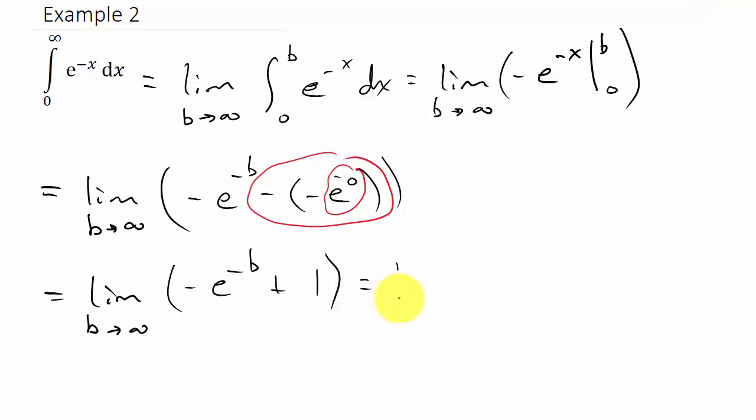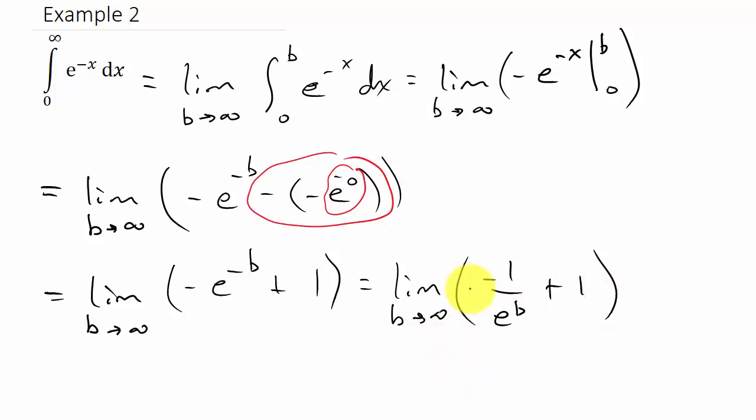So that's the limit as b goes to infinity. Now let's take this e to the negative b, and we can rewrite it as negative 1 over e to the b, making the exponent positive, plus 1.